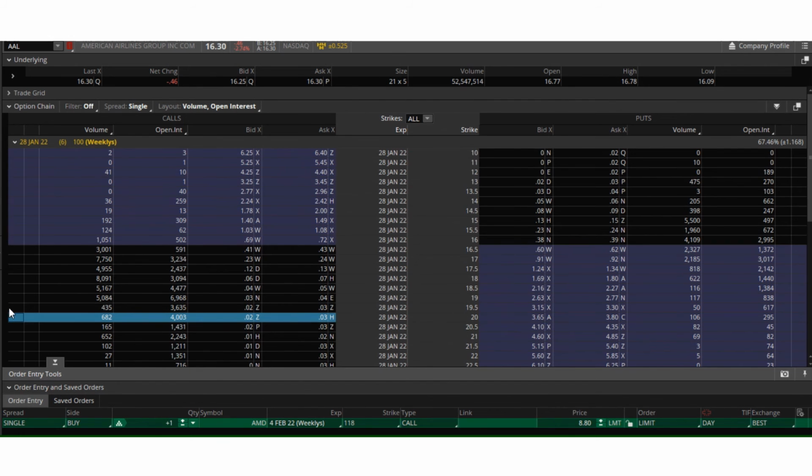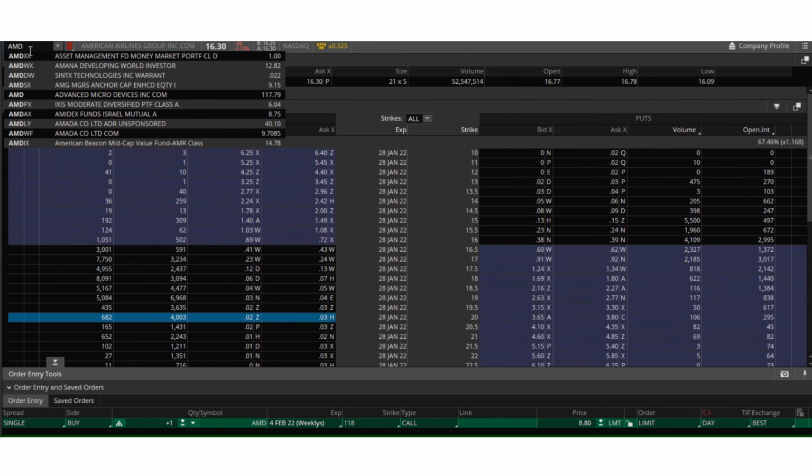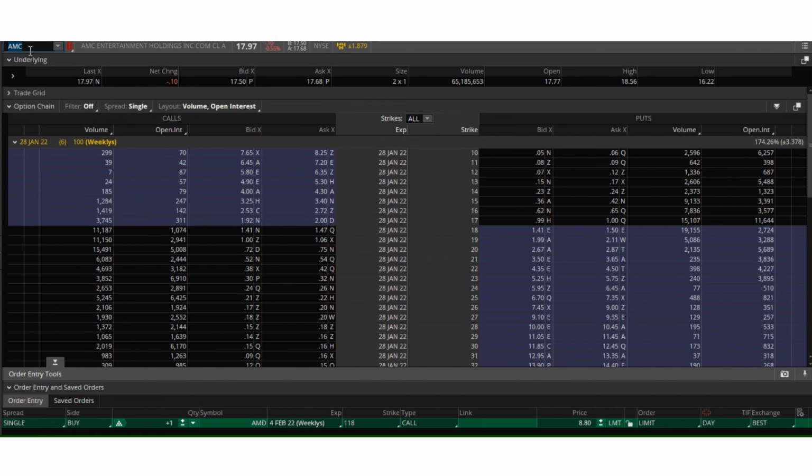Let's look and see. Okay, let's go to AMD. No, it's not AMD, it's AMC. AMC. Yep. 11,644 open interest. That's the amount of contracts.